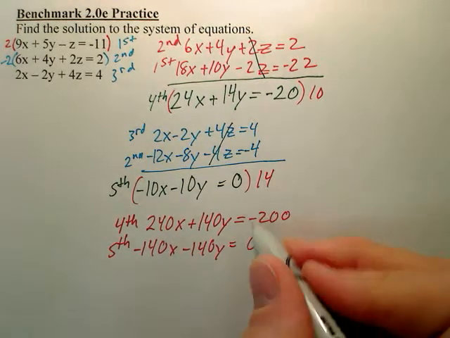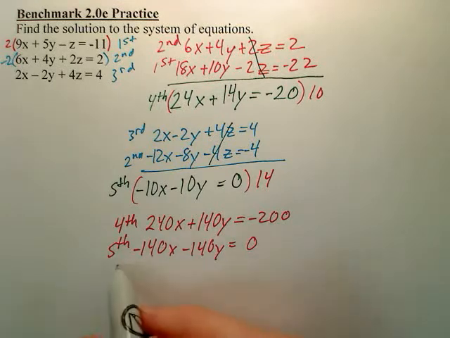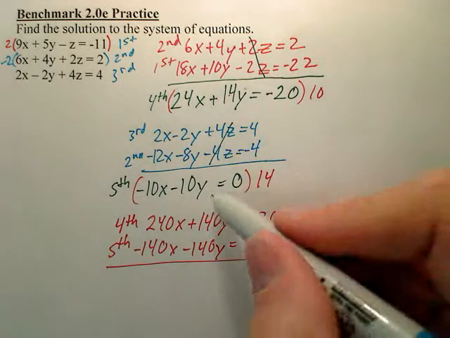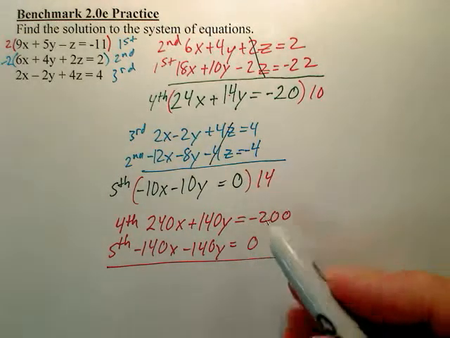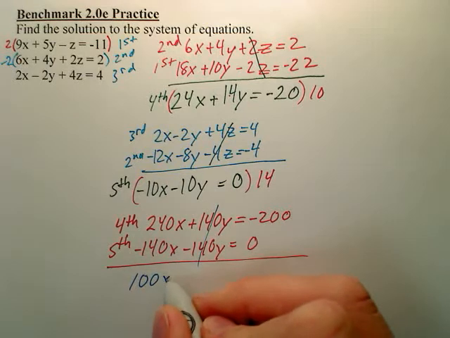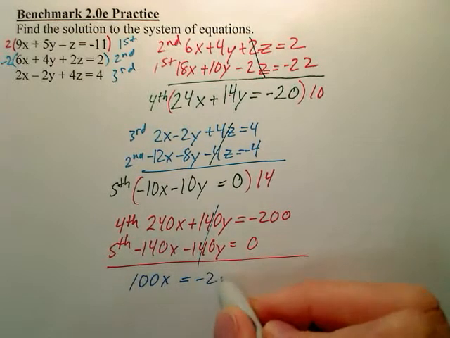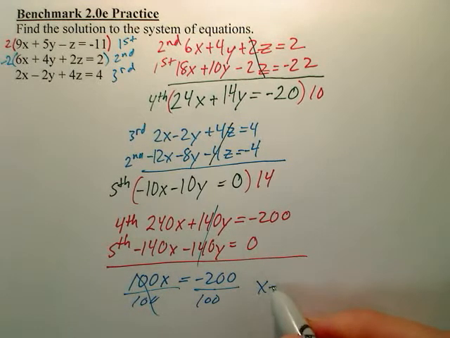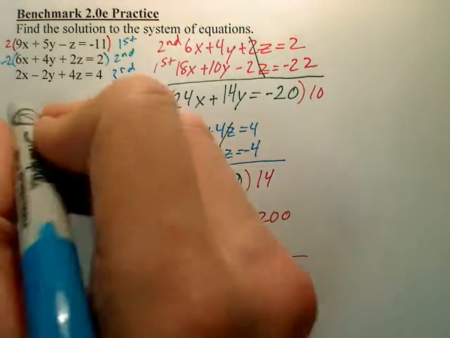And this would still be 0. 0 times 14 is 0. I'm going to solve this. Again, my whole goal was, using these two green equations, so I could cancel a variable. Bam, that's gone. This leaves me 100x equals negative 200. And when you divide by 100, you get x equals negative 2.